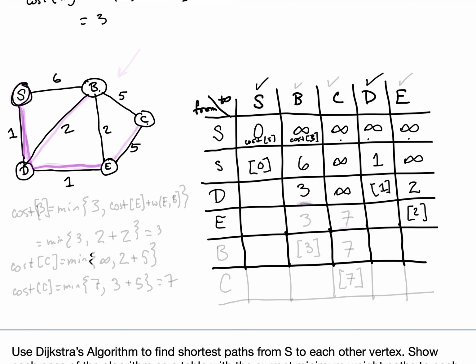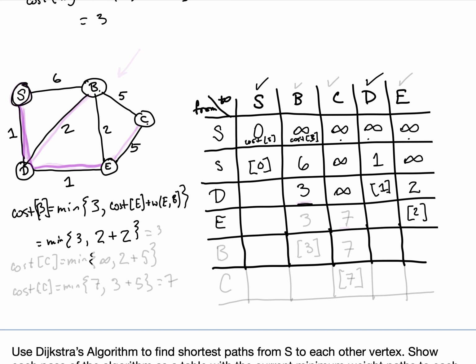And we're defining the cost of B to be the minimum of the previous cost of B, which as far as we knew was 3 so far, or the other value, the cost so far up to the vertex we're processing, E, plus the weight of the edge from E to B. So that's the minimum of 3, the current cost of B, and the cost up to E so far, which was 2, plus the weight of the edge from E to B, which is 2 as well.